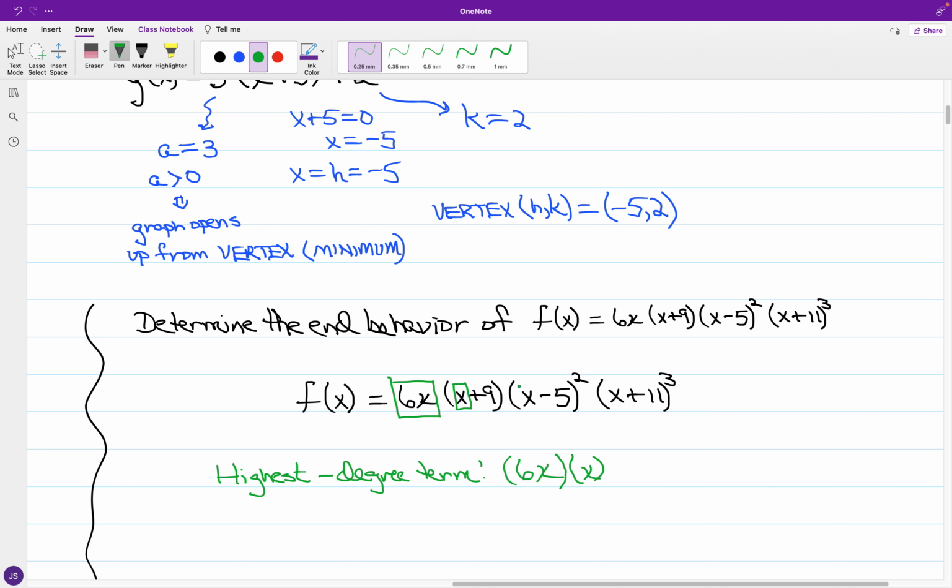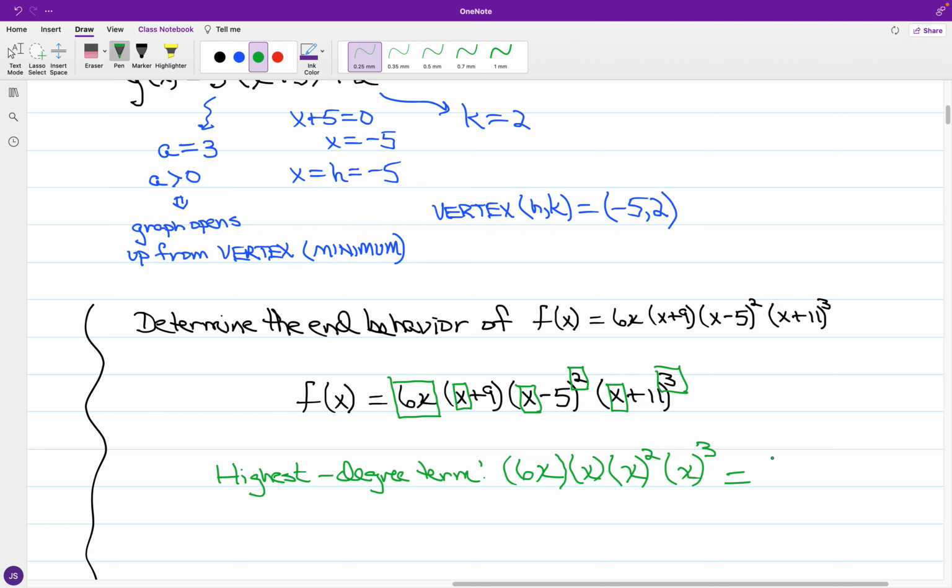From x minus 5, we have x, and that part is going to be to the second. And for x plus 11, you got x, and that x is going to be raised to the third.